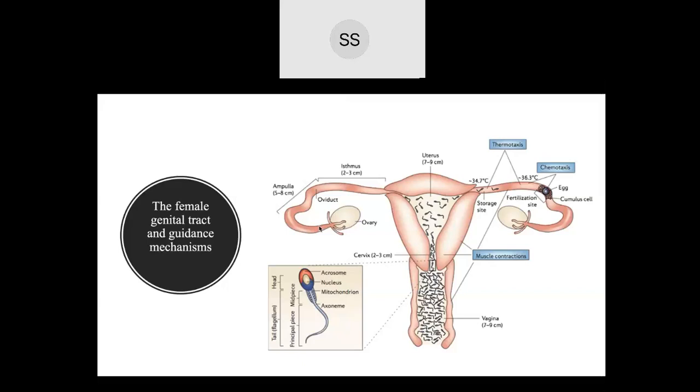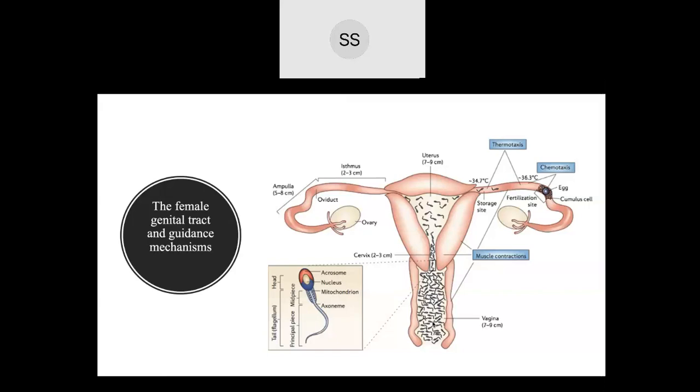So, talking about the female genital tract and the guiding mechanism, once the sperm cells are introduced in the lower female genital tract, a lot of sperm cells start moving towards the egg cell. From the lower genital tract, they start to swim upwards.